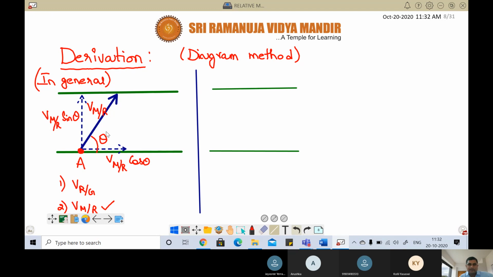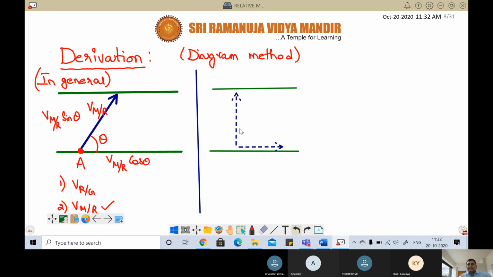Now please remember, this is his effort. I am taking this component like this, and this component like this.